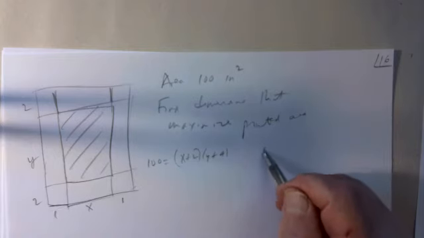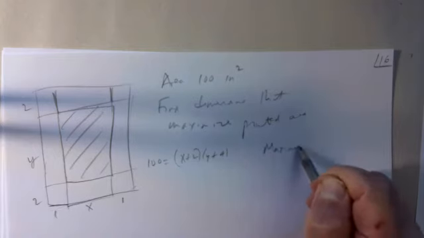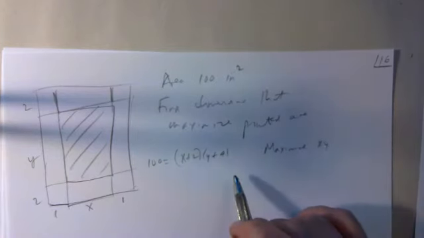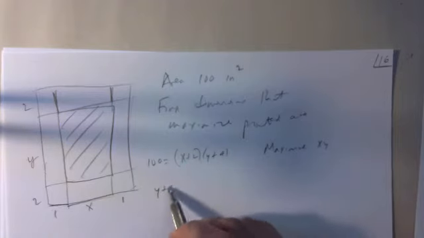And we want to maximize X times Y. Of course, what this says is that Y plus 4 is 100 over X plus 2. So Y is 100 over X plus 2 minus 4.